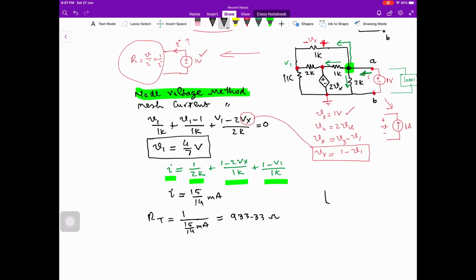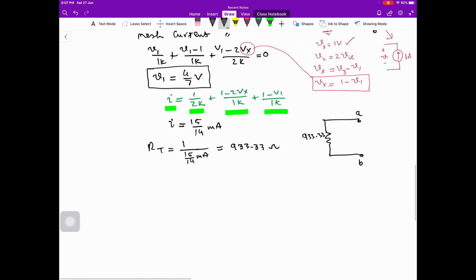Therefore, both the Thevenin and Norton equivalents of this circuit will be only one resistance, which is the Norton resistance and the Thevenin resistance. Both resistances are the same.